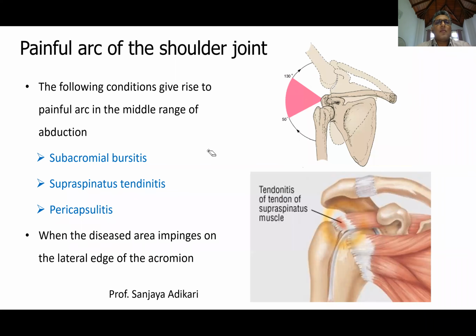Then the painful arc of the shoulder joint. Different textbooks give different ranges. This one is from Snell's clinical anatomy book, roughly 50 to 130 degrees. Some authors give it as 60 to 120, slightly less, 10 less from each side.